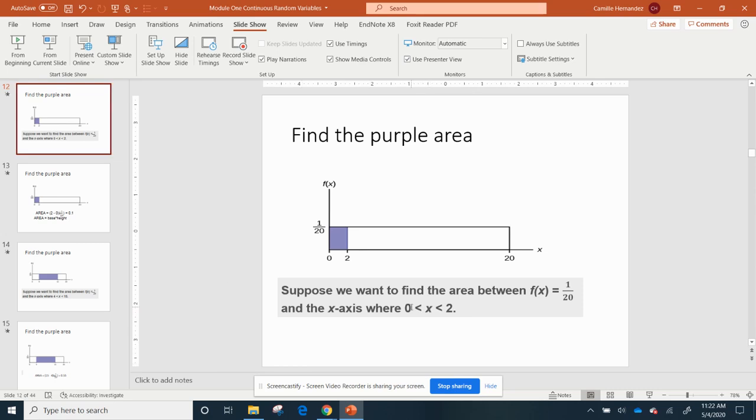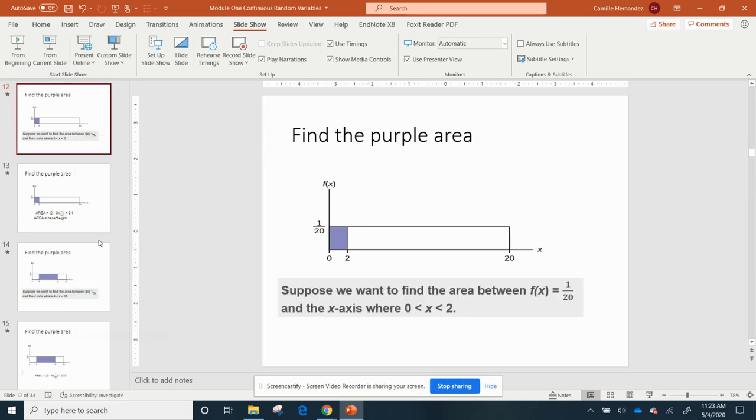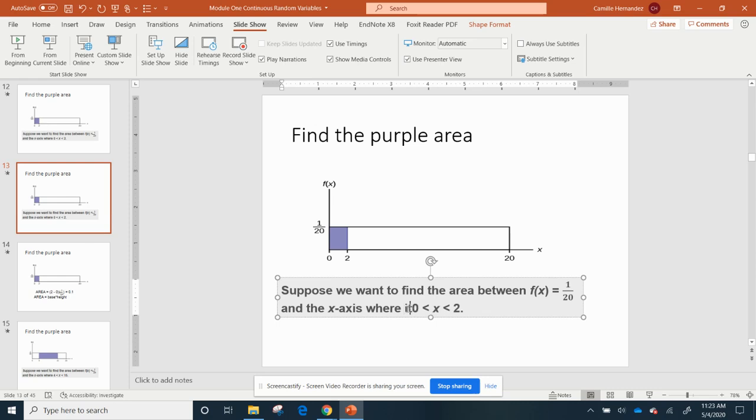So say I wanted the area between 0 and 2, but say I didn't want that. Let me duplicate the slide, and say I want where it is not between 0 and 2.